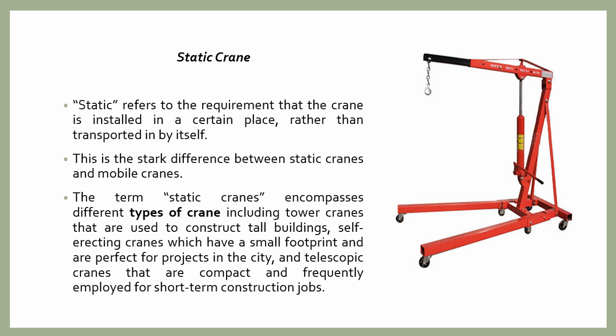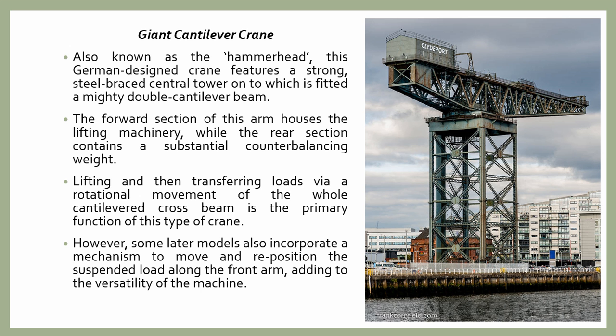After knowing about the static crane, the next type of crane is called the giant cantilever crane. This is also known as the hammerhead crane. This is basically a German design crane, and it features a strong steel bracket central tower onto which is fitted a mighty double cantilever beam.